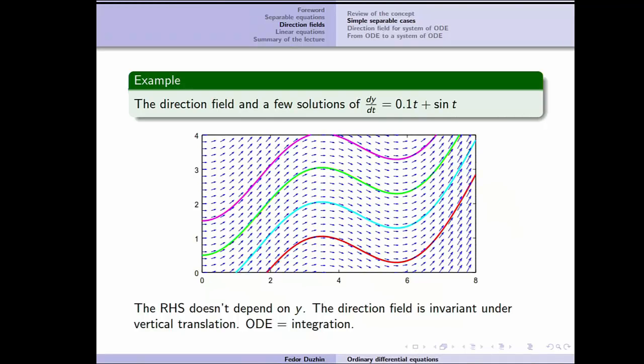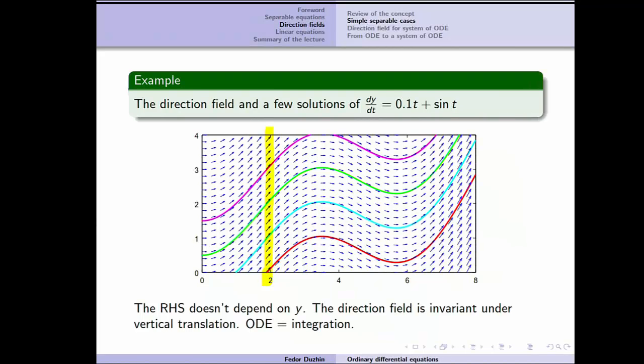But if the direction field does not have y in the right-hand side, it means that fixing t and changing y, we do not change the right-hand side. You can easily see it from the picture. For example, if you look at all these arrows along this whole vertical line, t equals 2, it's the same t, but y changes.